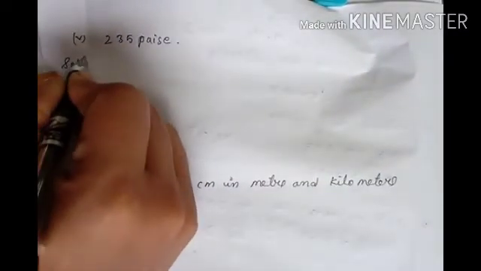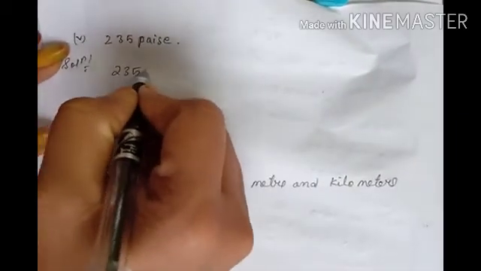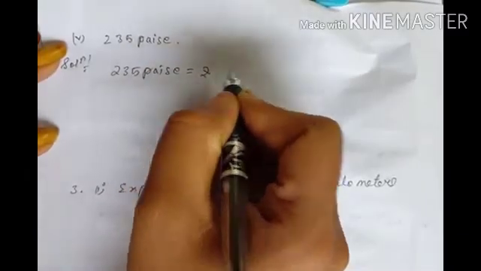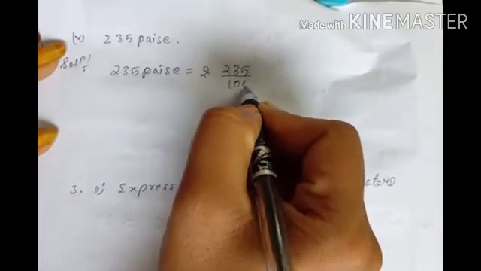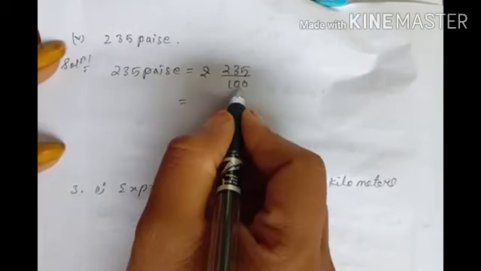Now question number 5 I will solve. 235 paisa, and you have to convert this into what? Rupees, isn't it? So if you will convert this to rupees, you will divide the value by 100. And you have to convert this into decimal again. So how many zeros? 2 zeros.